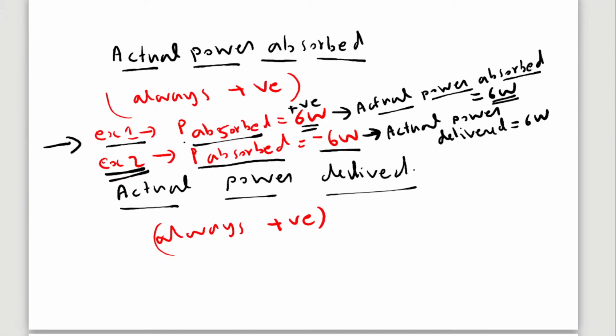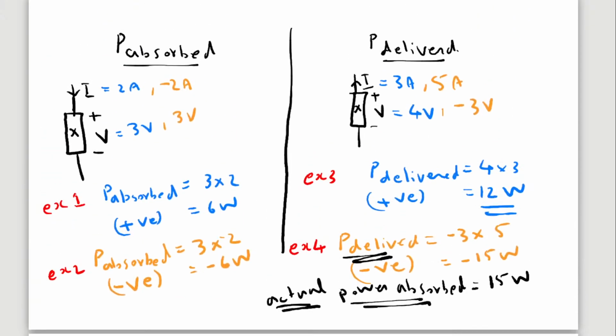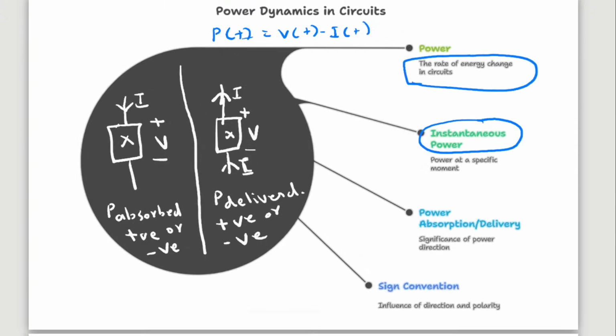I think I have discussed in detail the concept of power, or power dynamics, in a circuit. Once again, the instantaneous power is v(t) times i(t). The power absorbed or power delivered is defined purely based on the polarity of current and voltage. Power absorbed can be either positive or negative.